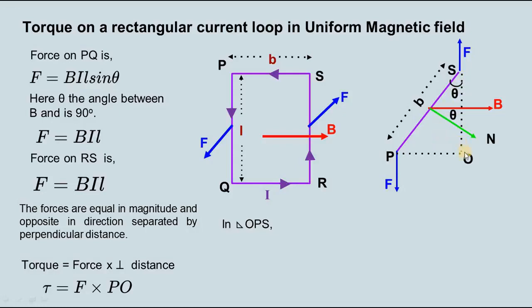So in this triangle OPS, sin theta is equal to PO by PS, that is equal to PO by b, where b is the distance between P and S. Hence, PO is equal to b sin theta.